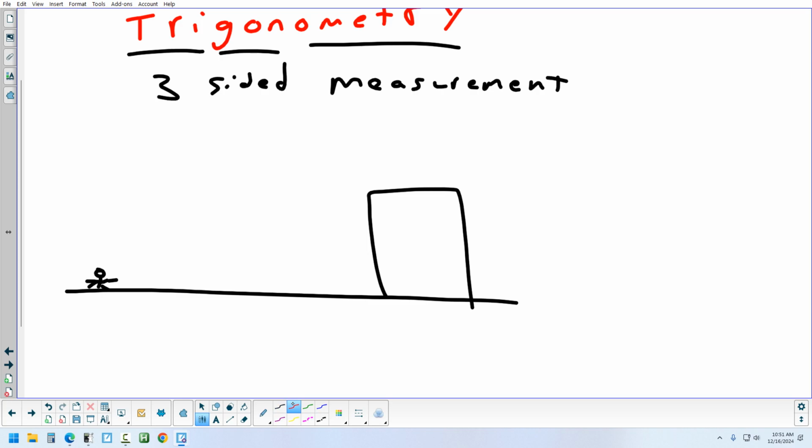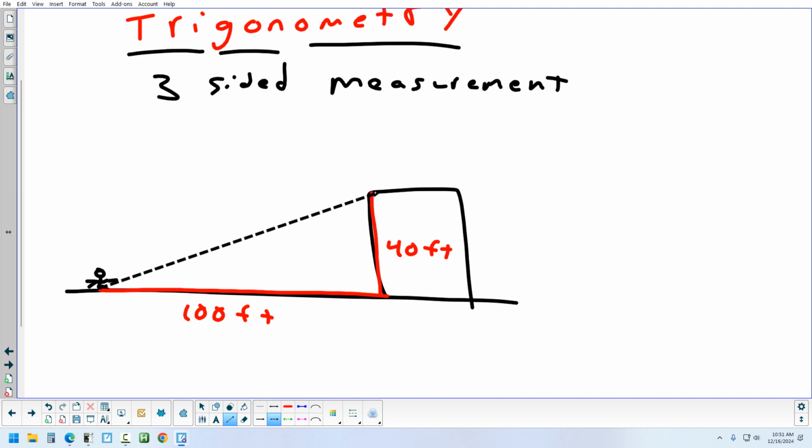Say you're standing 100 feet away. And you know that the building you're looking at is 40 feet tall. And you want to know what angle you would have to aim something at, like maybe a laser pointer, to be pointed exactly at a target at the top of a building. All right? So that would be the question.